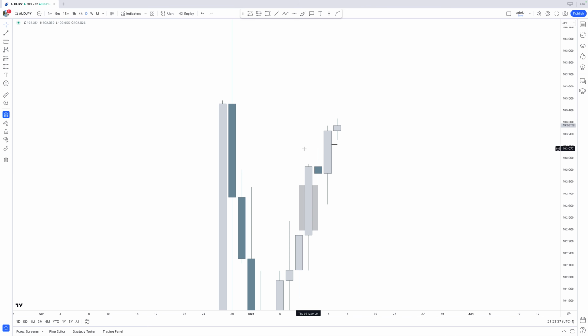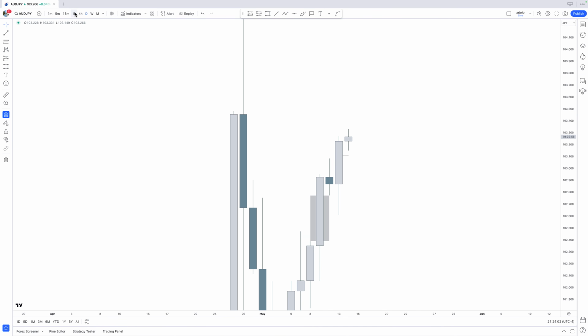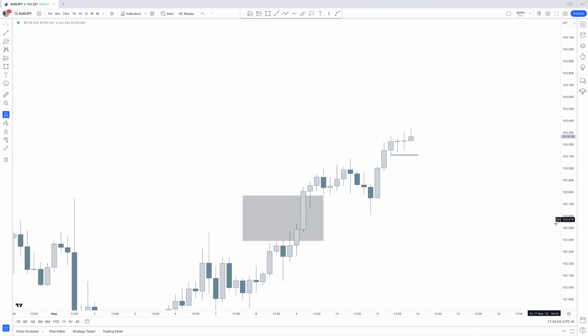After this context area right here on the daily is finished and we have recently come off that daily value gap, we can still go into the 4-hour as well. It's just important that the daily right there is responsible for pushing price higher right now. Where we can either wait right here for a daily new context as well of the daily value gap, or we can also go right here into the 4-hour time frame.